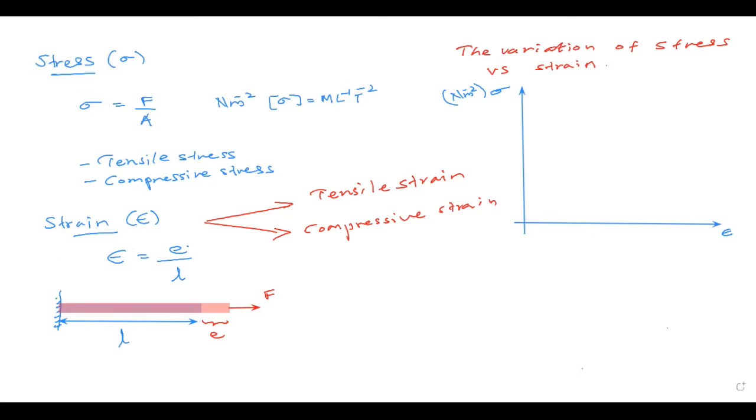If I keep gradually increasing the applied force, the graph looks like this. It is a straight line up to some certain value, and then it curves like this. This is the variation of the graph.